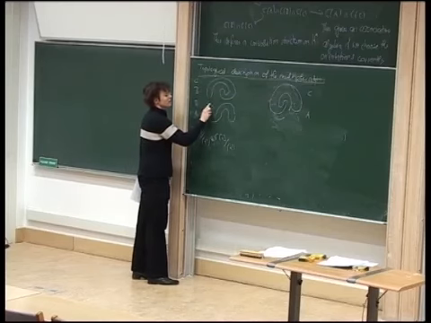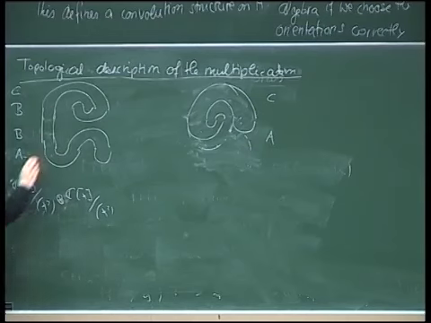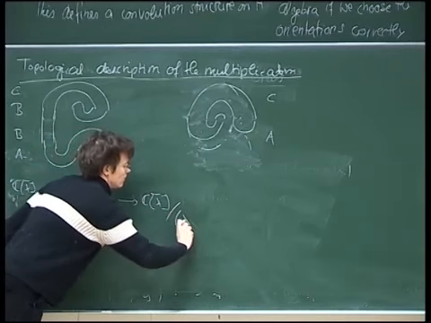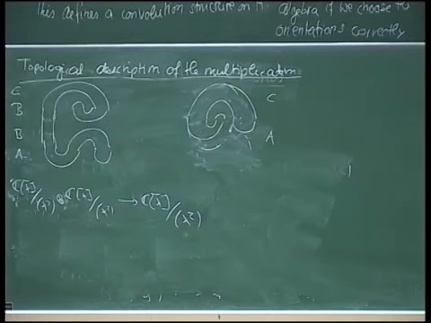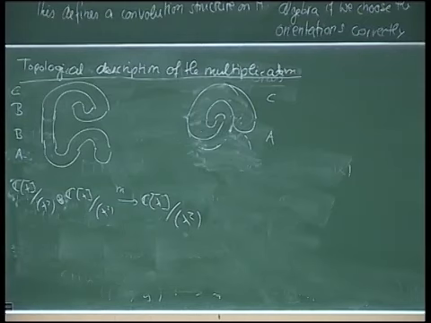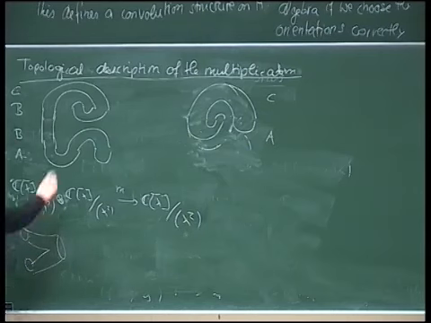Then let's make this straight. Then we make one circle out of it, so that means we have only one left, and of course this is just the multiplication corresponding to this topological picture of a pair of pants. Then we do the next step.